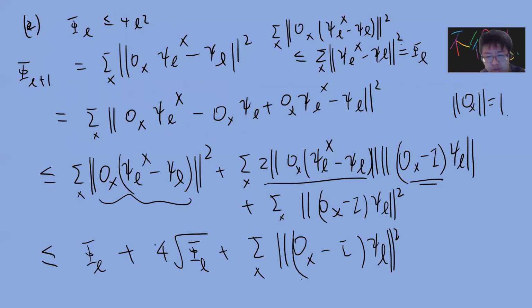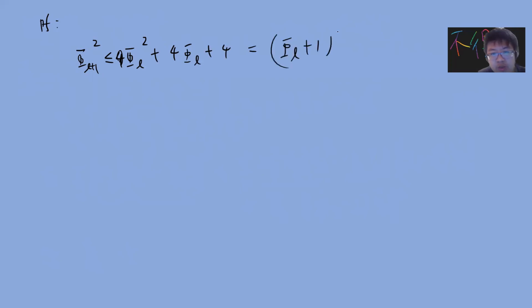So what we have proved is that phi L plus 1 is less or equal to phi L squared plus 4 phi L plus 4, which is phi L plus 2 squared. So I claim that phi L is less or equal to 4L squared.